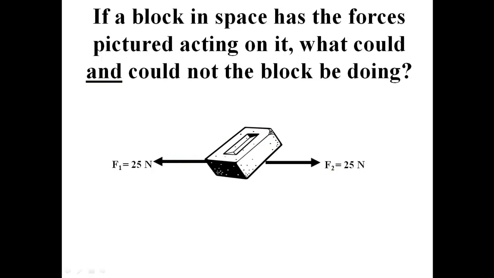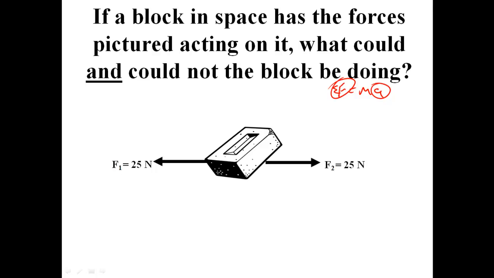Finally, if we had a block in space and it has those forces acting on it, what could the block be doing? See, this is actually an application of Newton's second law, but it's also an idea of inertia. We know the relationship F equals ma. We know that if you want something to accelerate, you have to exert a net force.